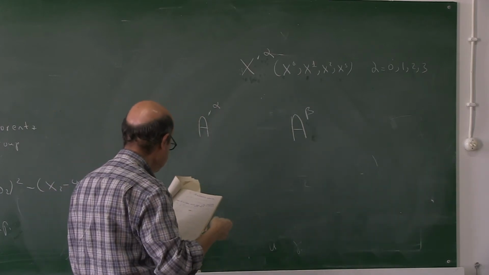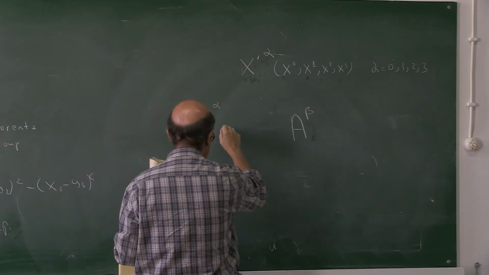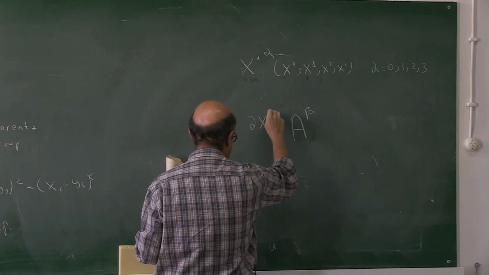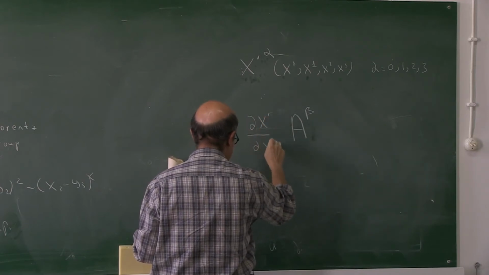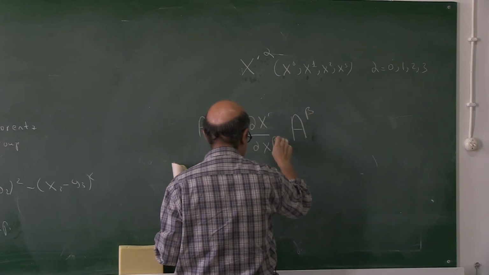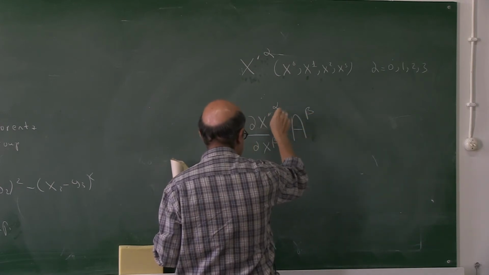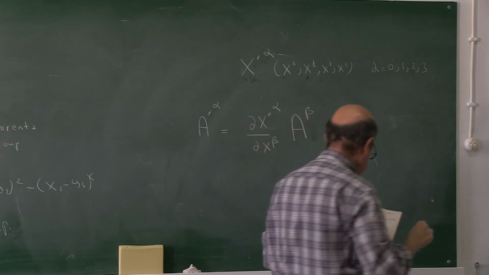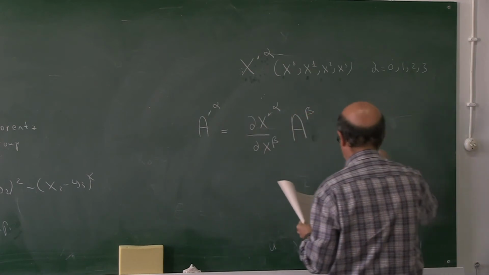So mathematically we can express this in the following format: del x prime over del x, and beta is summed, and alpha is a free index. So this is the mathematical presentation. This is important. So we are calling this a contravariant vector.